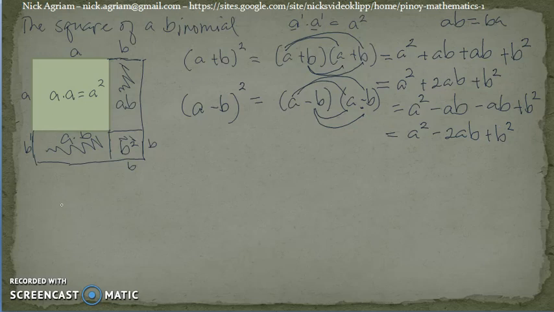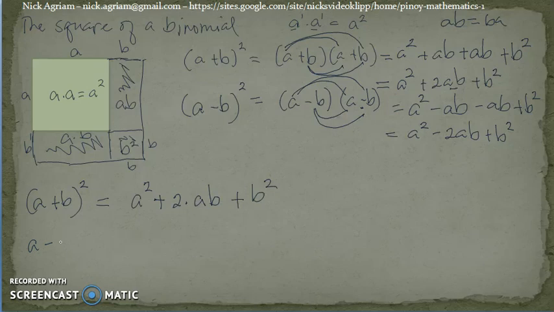So, to sum it up, we have A plus B squared, square of a binomial, and we have A squared plus 2 multiplied by, as you can see, the product of the first term and the last term, plus B squared, or the square of the last term.